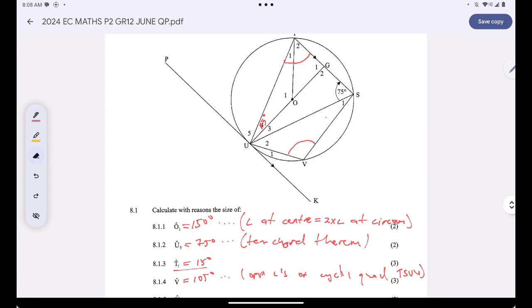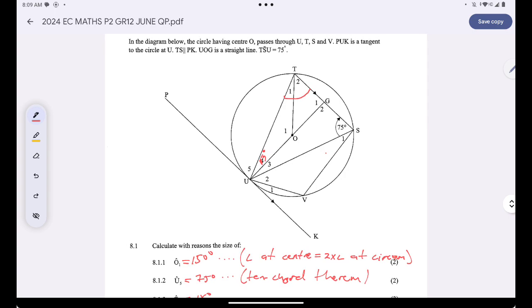But we've just shown that the whole of angle T is equal to 75, right, together. For us to find angle U3, we can find angle G2 first. Now I'm writing the answer. G2 is an exterior angle of this entire triangle.